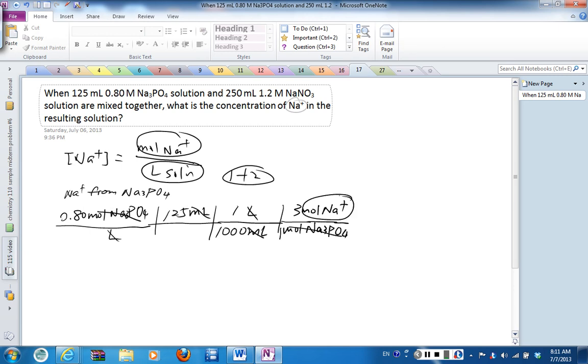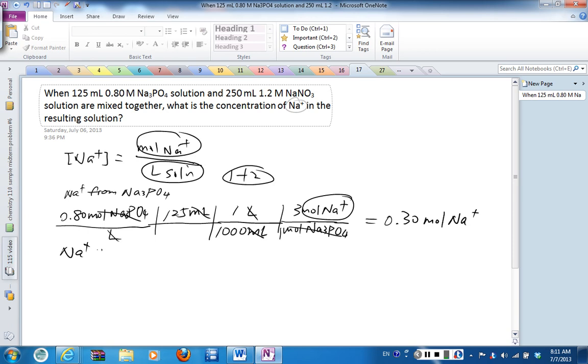Now that is what we want. Calculation tells us that in this first solution we would have 0.30 mole of sodium.